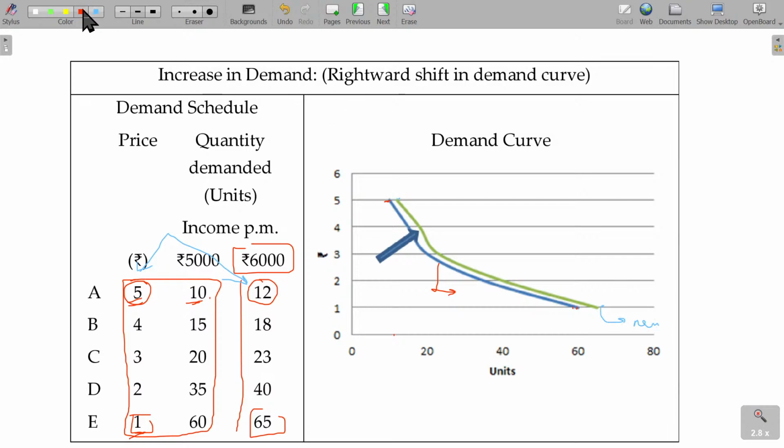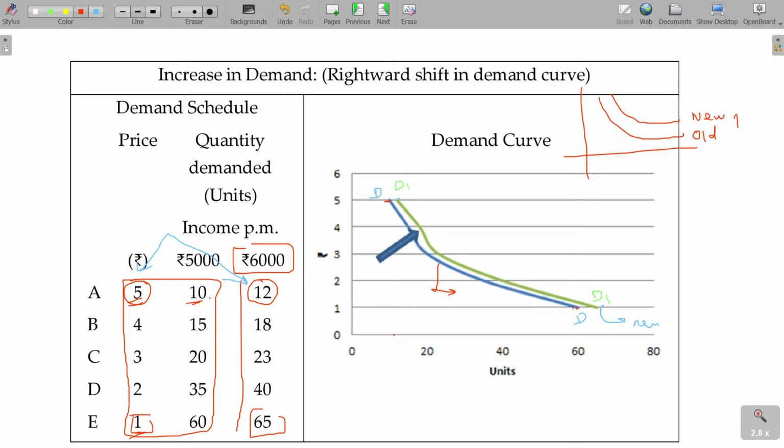So what happens? The blue color one, DD curve, is the existing demand curve. Because of the change in income, a new demand curve emerges above the existing one, D1. The demand curve itself shifts from left to right. This is the old one, this is the new one.